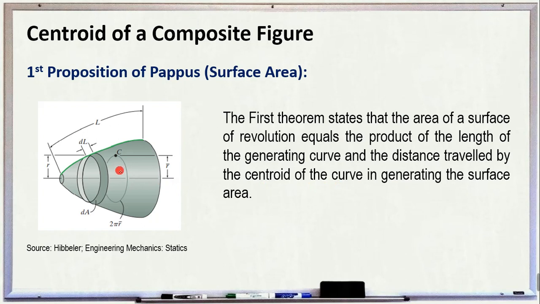As you can see here in the figure, we have a given length L, indicated by this green color, and then it is rotated along this axis. It is rotated, that is why it generates a surface area.